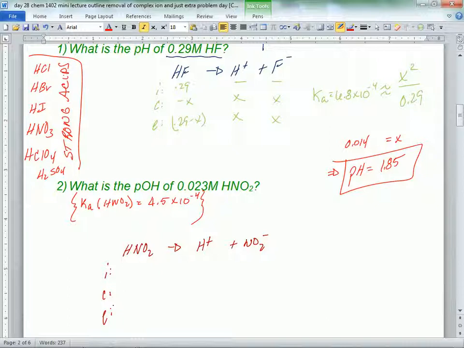Yep. 11.5. It sounds like a familiar number, but it should be a pOH. It's pOH, so the pH is going to be acidic, it sounds like. No one's got an answer yet.